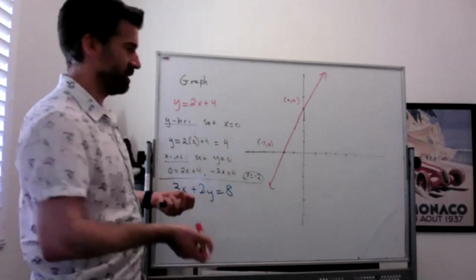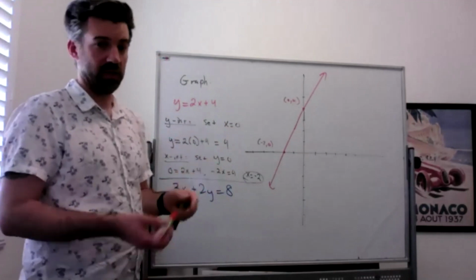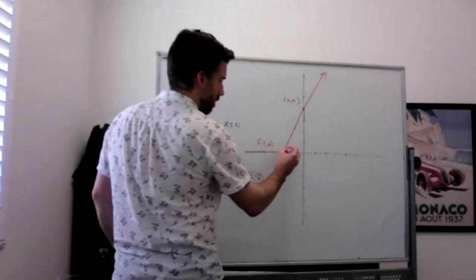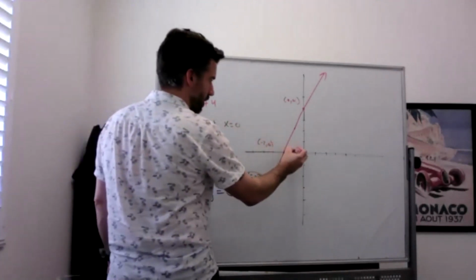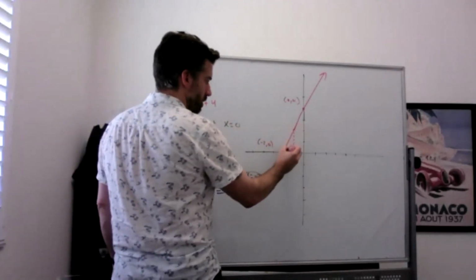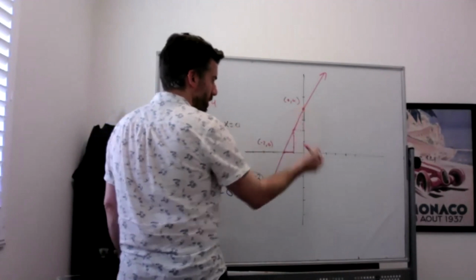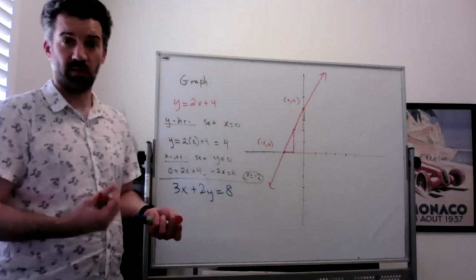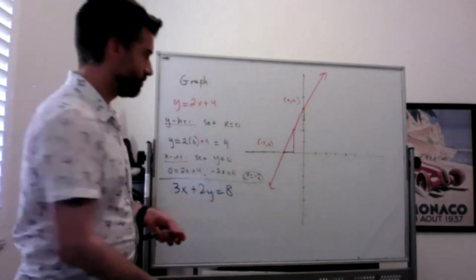I'm thinking of it as the rise over the run, or how much y changes for each 1 that x changes. So if I go over 1 with a slope of 2, that means I'm going to end up going up 2. So over 1, up 2, and then over 1, up 2. So that's kind of what it means for the slope to be 2. For every increase in x by 1, the y increases by 2.